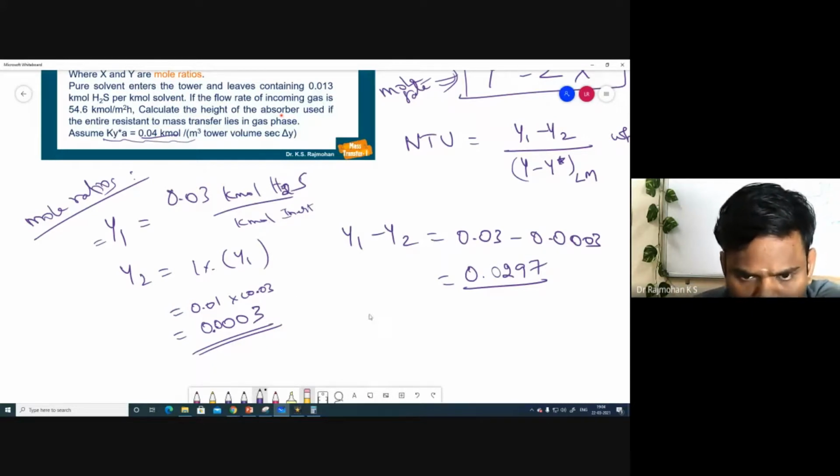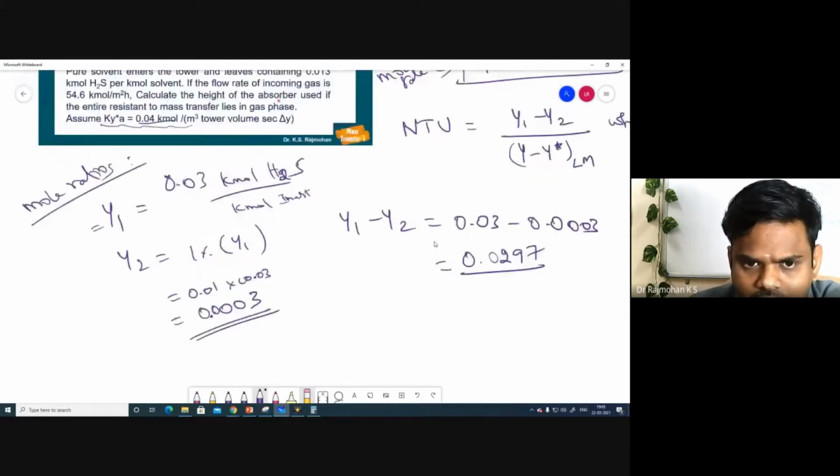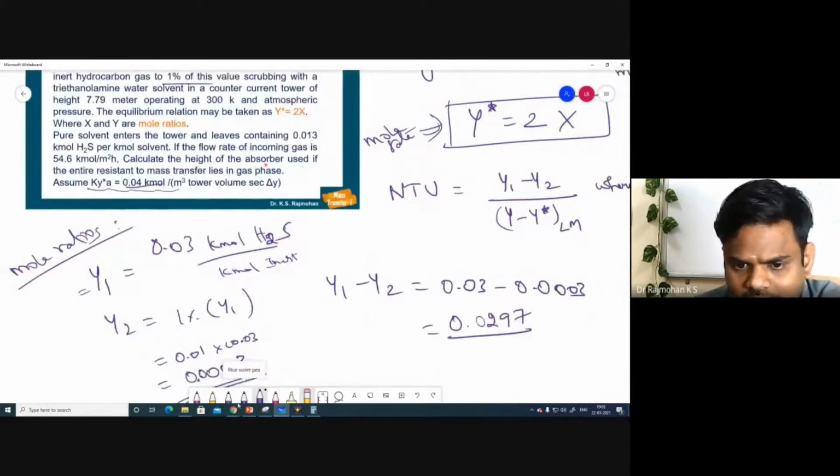Okay, so we have this value, and what are the corresponding Y1 star values? How to get that one? The pure solvent enters the tower. Then what is the value of small x2? It is 0.